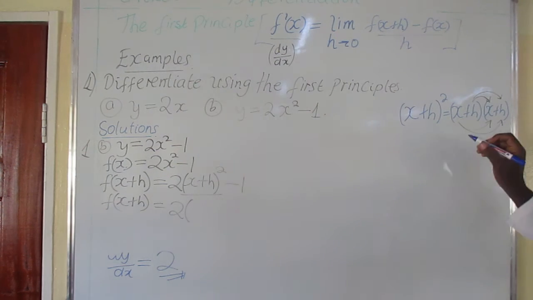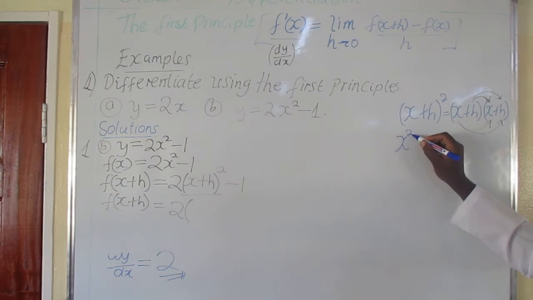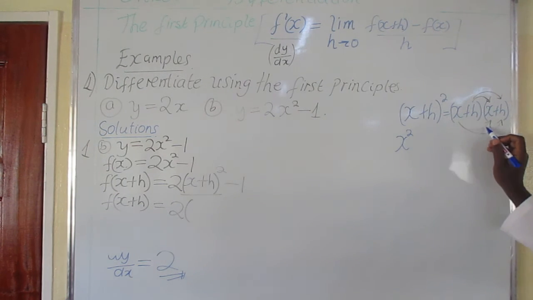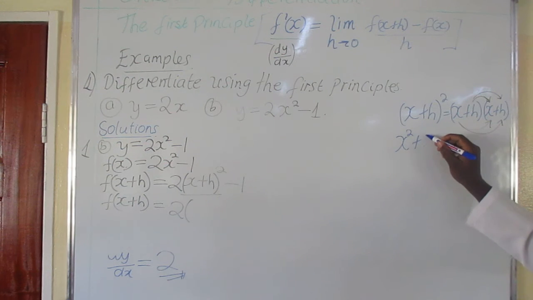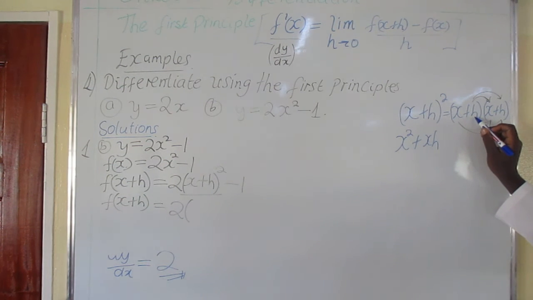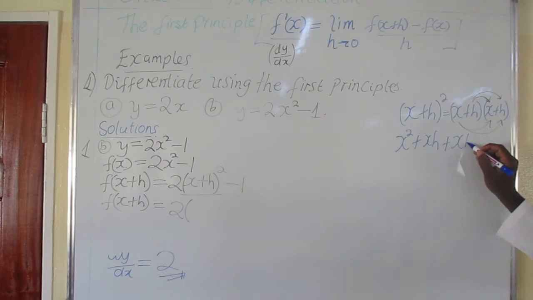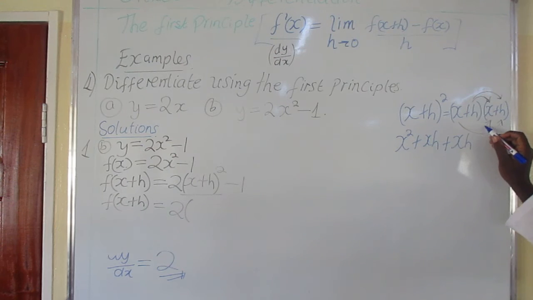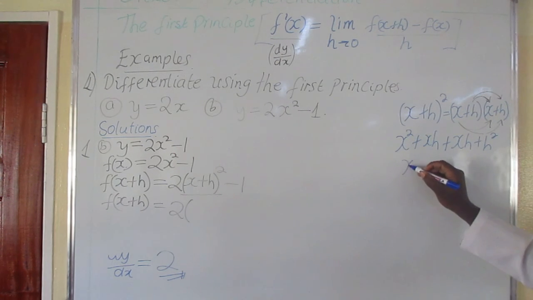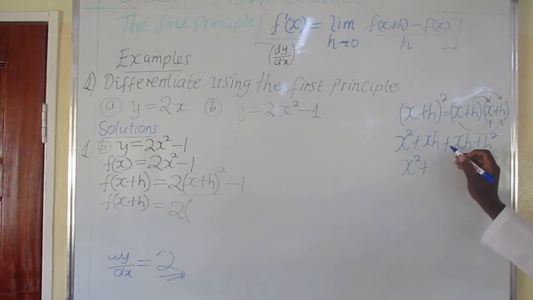So from here we shall have x by x, we get x squared. x by h, we get xh. And we come to this one, h by x, we get again xh. Then we have h by h, we get h squared. So you can see we have 2 xh's.